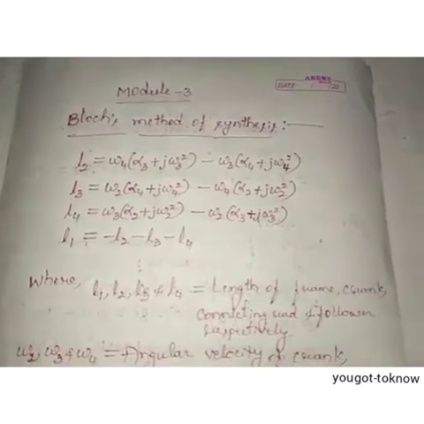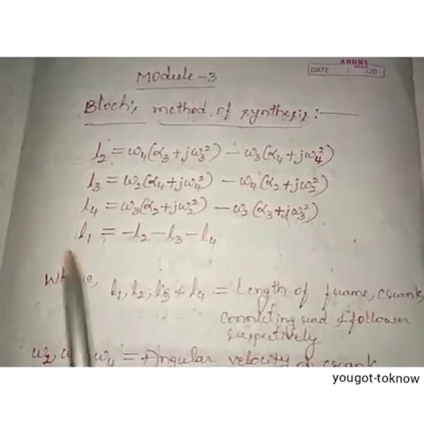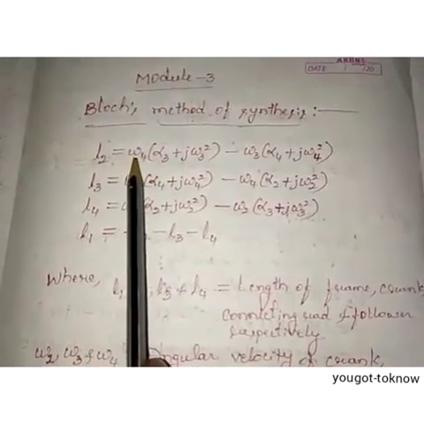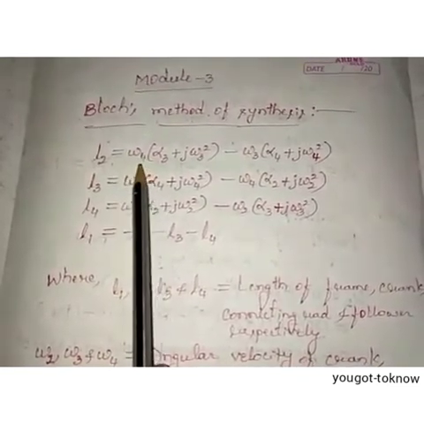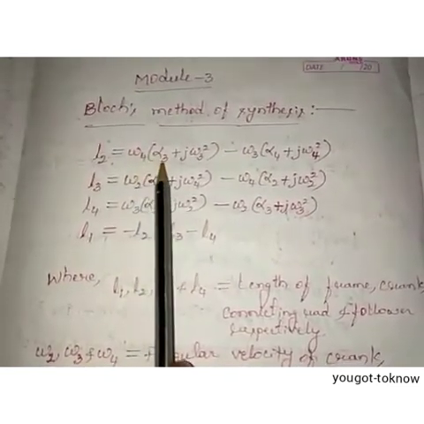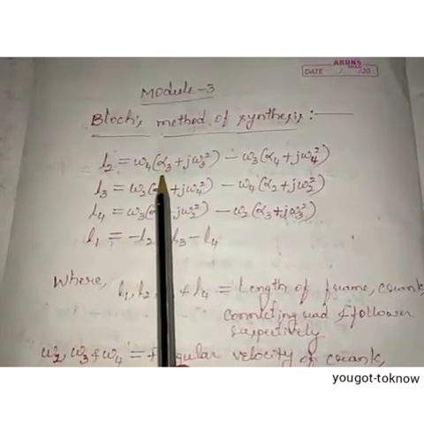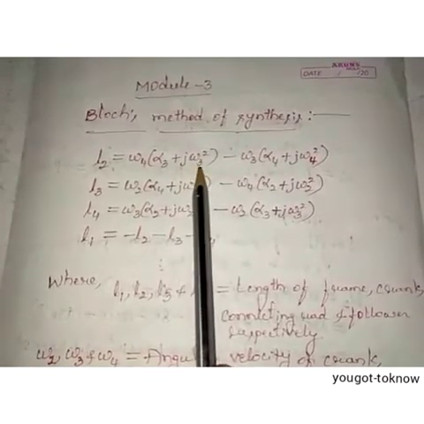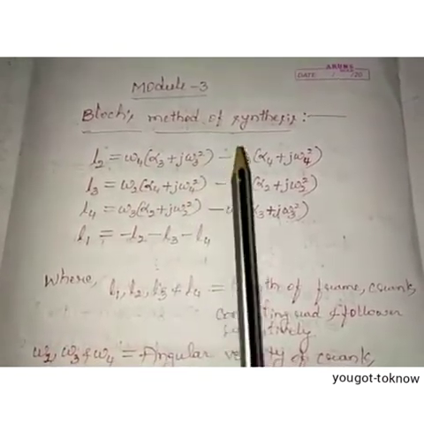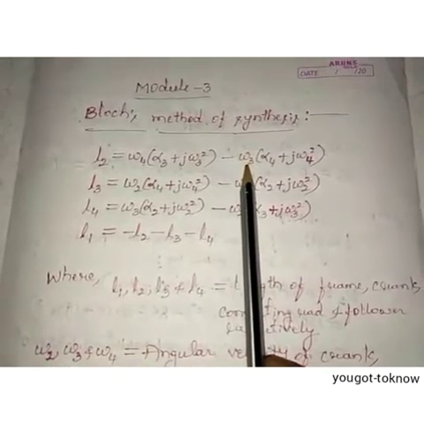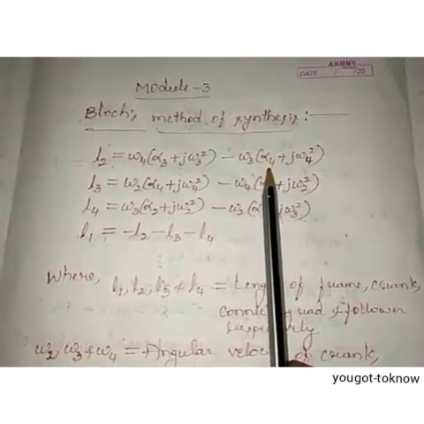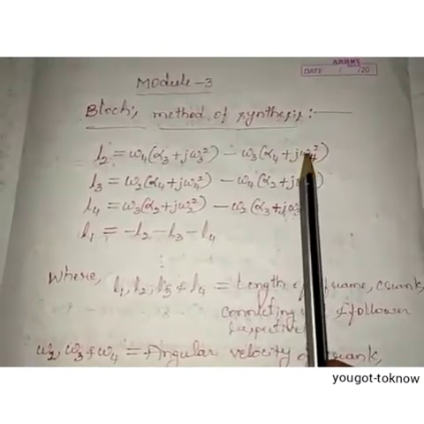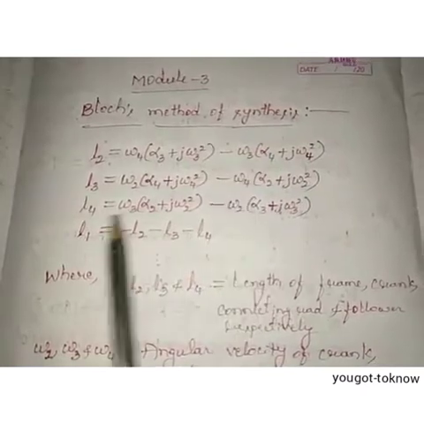Bloch's method discovered the equation. L2 equals angular velocity of link 4 into angular acceleration of link 3 plus j into angular velocity of link 3 square, minus angular velocity of link 3 into angular acceleration of link 4 plus j into angular velocity of link 4 square.